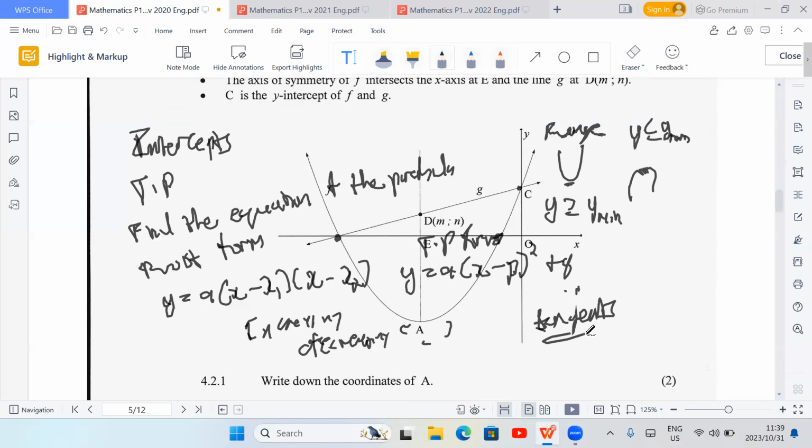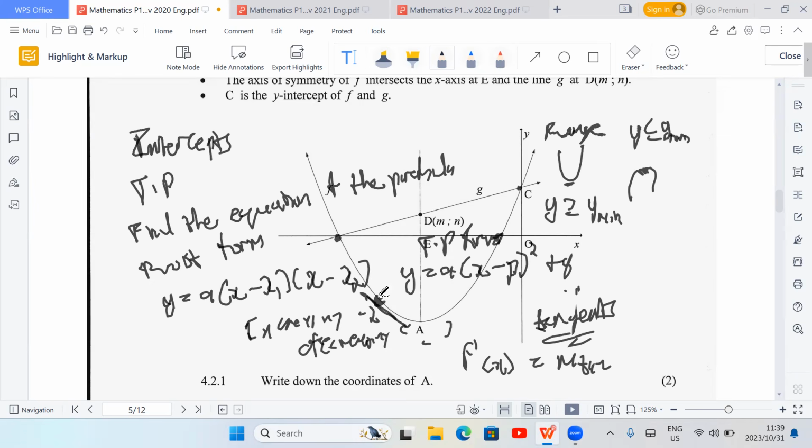If they ever mention tangents, guys, just know the relationship between a parabola graph and the tangent, right? You know that if you get f prime of x, this would be equivalent to your tangent gradient. So at that particular point, if they want the gradient of the tangent, maybe they give you a point here, say x is -2, and they want the equation of the tangent.